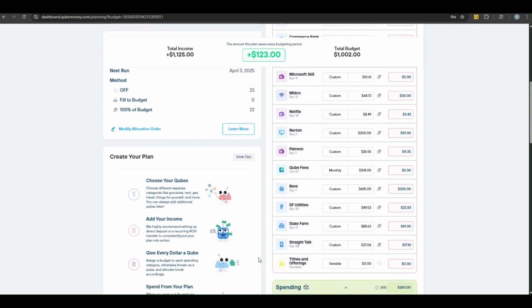The only one in this list that I don't have set up is the tithes and offering, because that's going to change. And so I did not put that in as an automatic allocation. That's one that I'm going to do physically. So over here on the left, you can see the next run for my automatic allocations is going to be April 3rd. I have a bunch of my categories that are turned off, and then I have 22 categories where it's going to automatically allocate 100% of my budgeted amount.